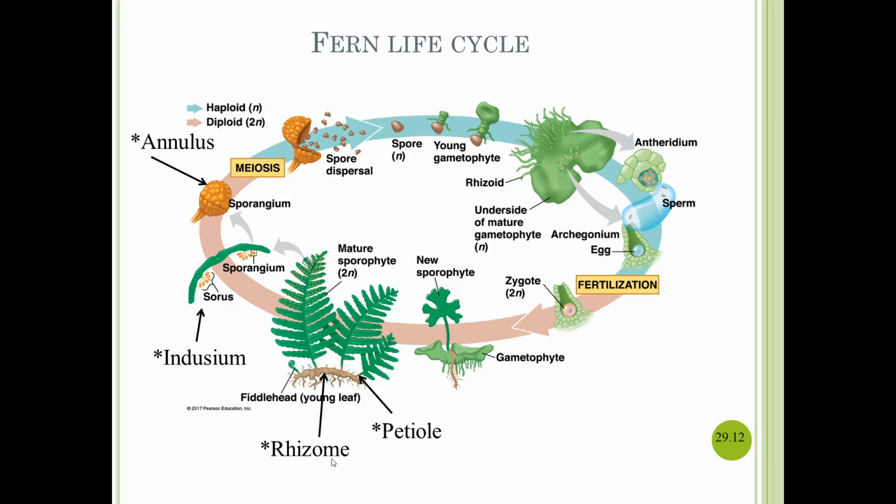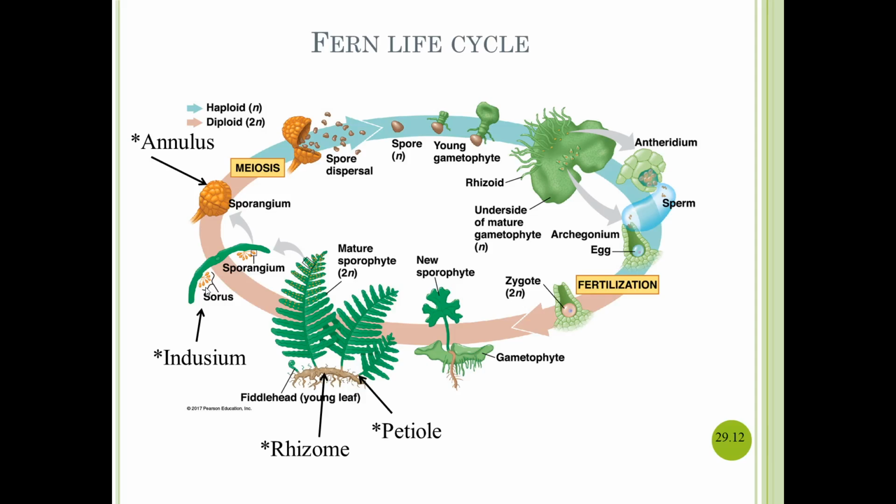So the petiole, the rhizome, and the annulus are things that are in the lab that I just wanted to draw your attention to. And then this one last term right here, indusium. So they're not showing an indusium per se on a sorus, but what an indusium would be is it kind of would look like this area right here, this kind of little black thing right here. It's a covering.